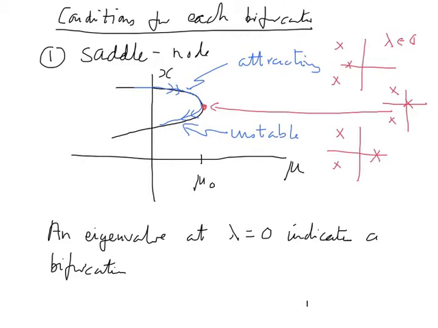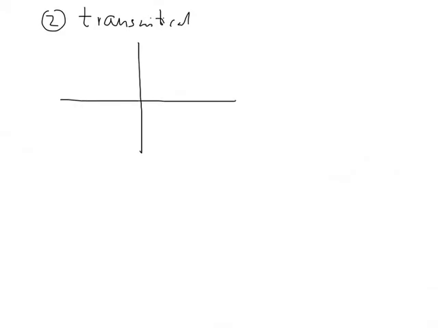Because if I now go on and talk about another bifurcation, say the transcritical bifurcation, in this case we have the collision of two curves of fixed points like this. This is in x mu space, and you see exactly the same structure in terms of the eigenvalues.